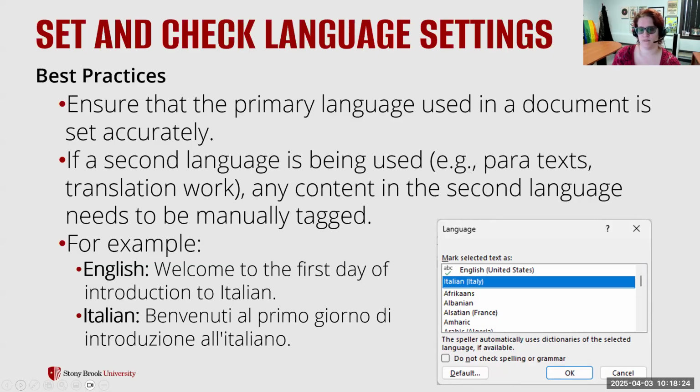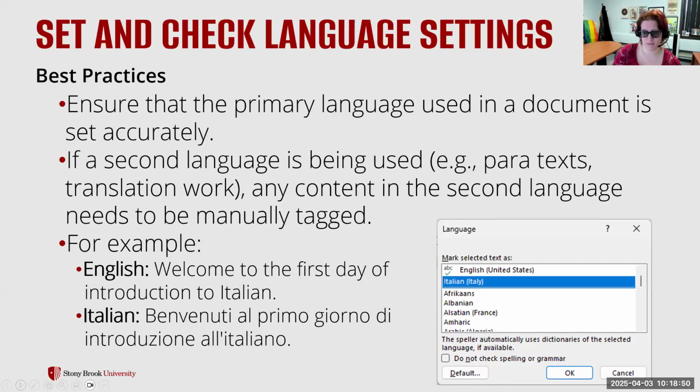So for example, I have this phrase in English of welcome to the first day of introduction to Italian. Now, because I have that set as English, my spell check is going to work correctly, and a screen reader will know how to say that with the proper accents and emphasis.